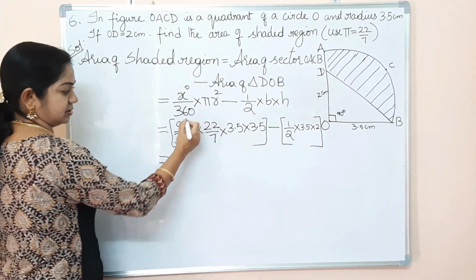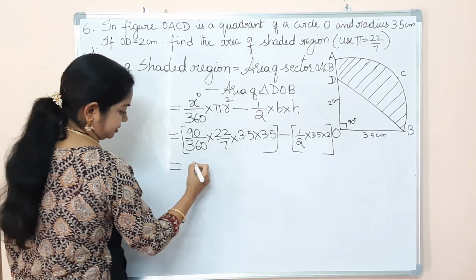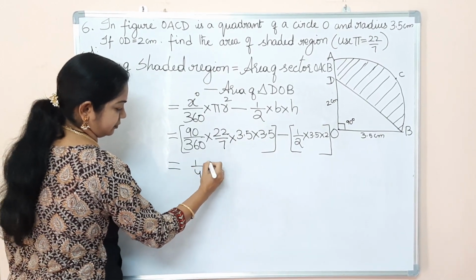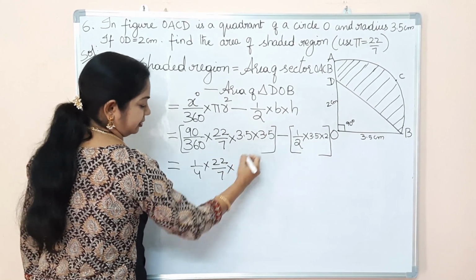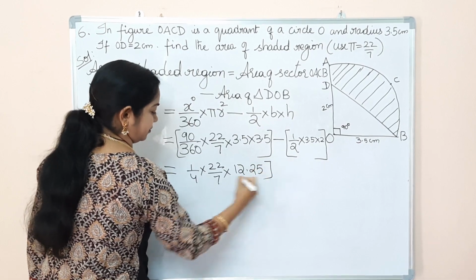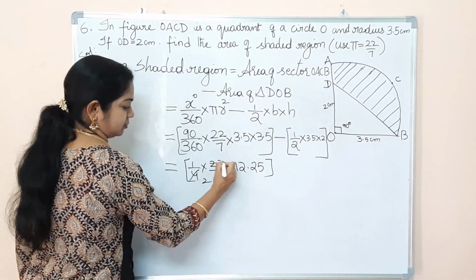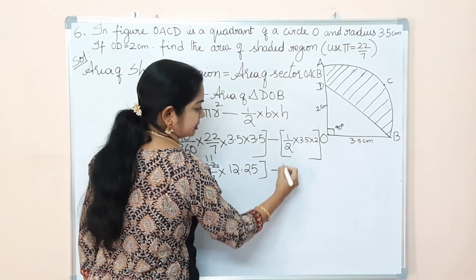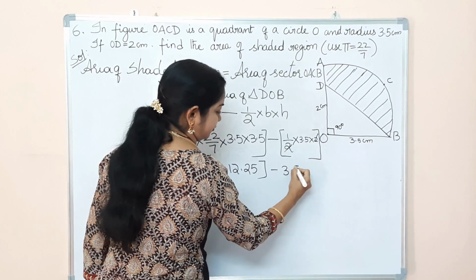So we'll solve this. This comes to 1/4, 22 by 7, 3.5 into 3.5, which comes to 12.25. Also, twice, minus, you can cancel both twos, so just 3.5.